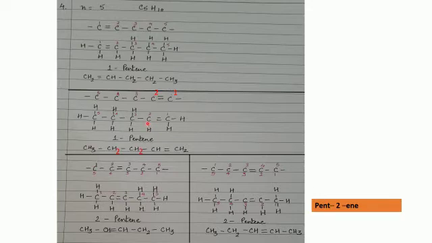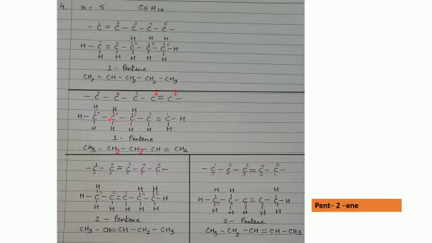Coming to carbon atom number 2, it is forming a double bond here. So it has 4 electrons, 5 and 6, 7 and 8. Carbon atom number 3, it is forming a single bond here and here. So it has 4, 5, 6, 7 and 8.